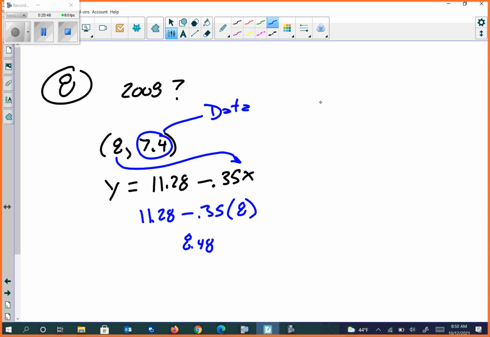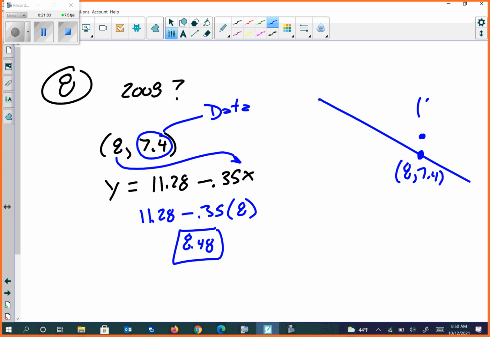So with our line of best fit, at 2008, we have this. But if I plugged in this, this would fall here. So the distance here is the residual. So it had to be positive if it was above our line, agreed?